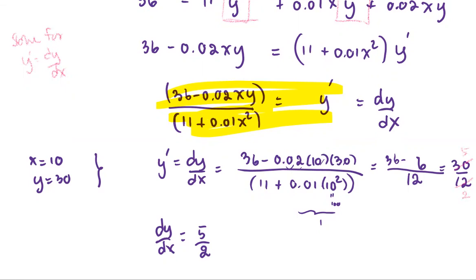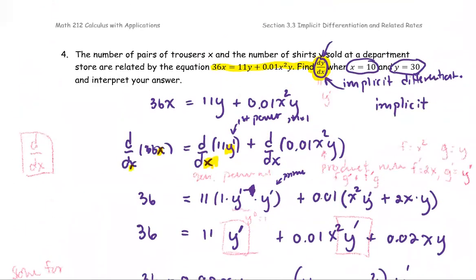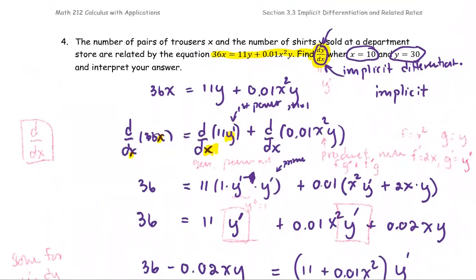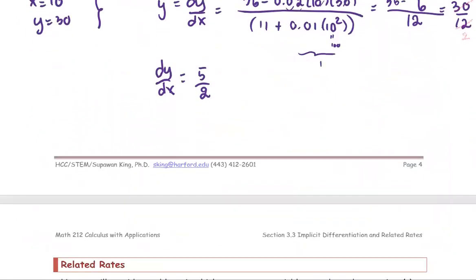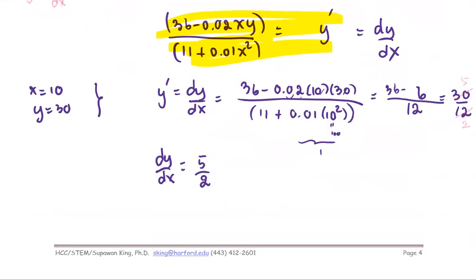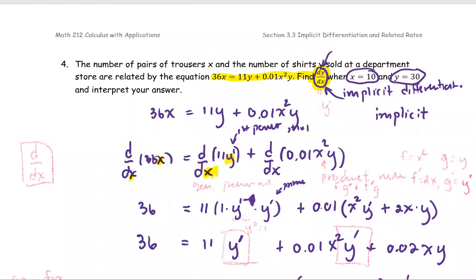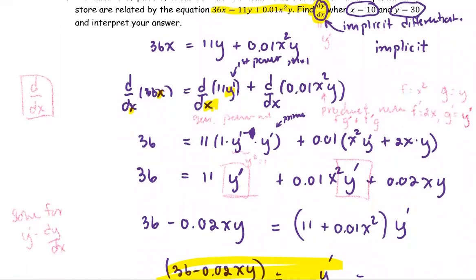So what does dy/dx mean? Y is the number of shirts and x is the number of trousers. So x is the number of pairs of trousers and y is the number of shirts.